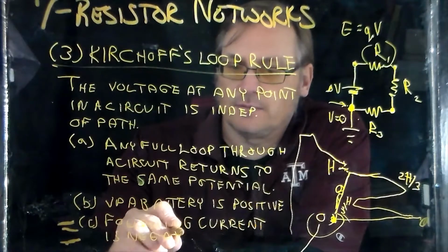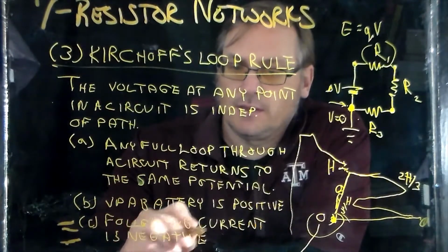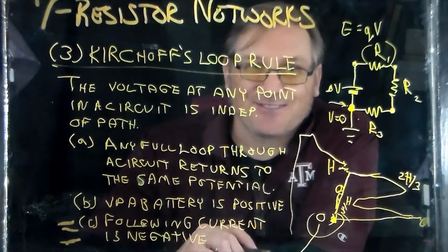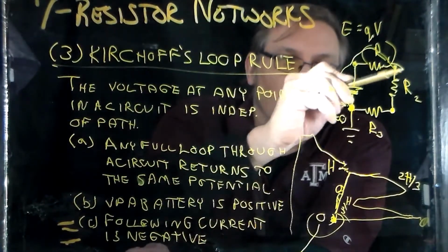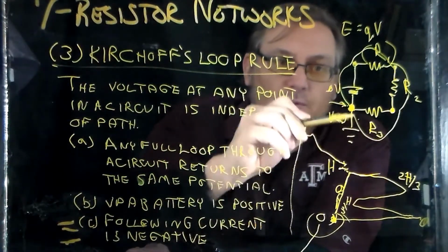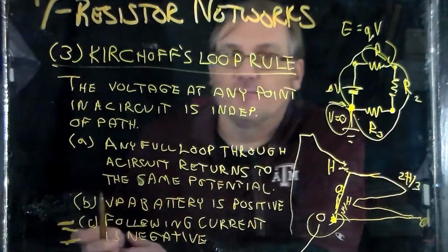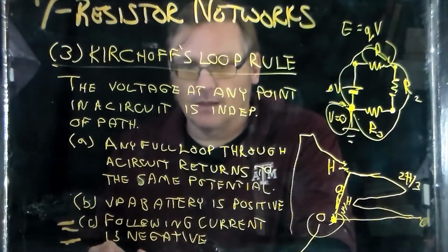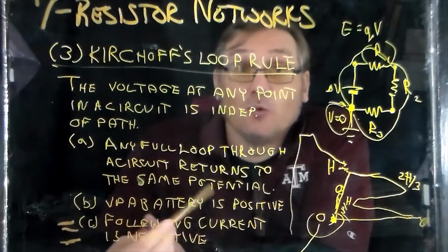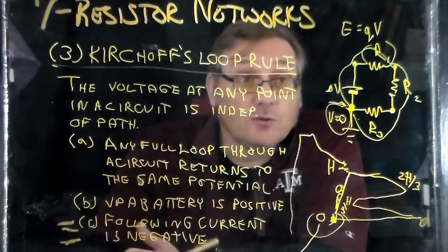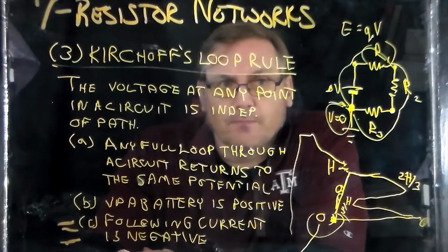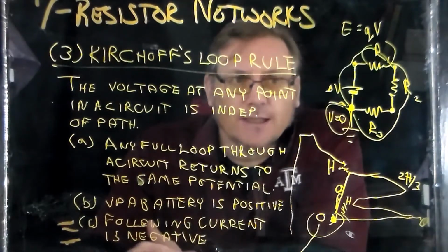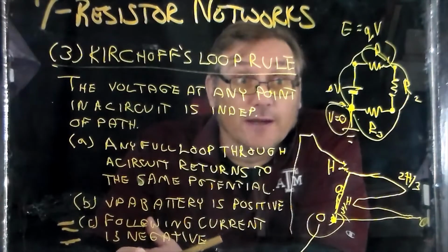We've already done that in our earlier investigations, right? Up 9 volts, down 3 volts, down 3 volts, down 3 volts, back to V equals 0. So these are really just the same rules that we've been following the last, let's say, 2 lectures. So nothing really new in that, all right?